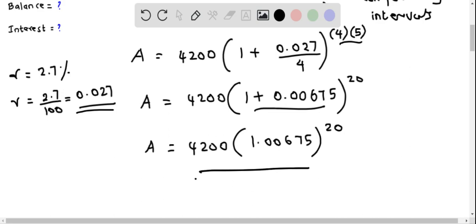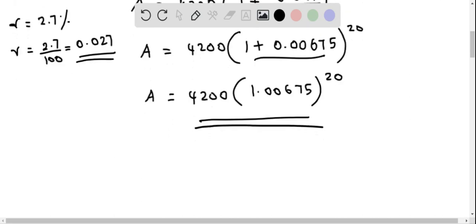We can now plug this expression into the calculator. That is, we should find 1.00675 raised to the power of 20 first, and then multiply with 4,200. And when we do that, we get A equals 4,804.87.